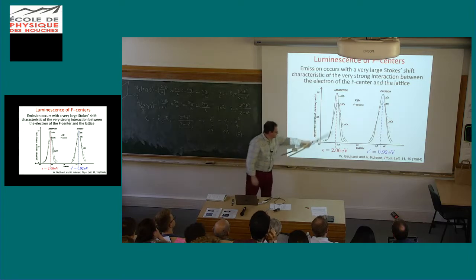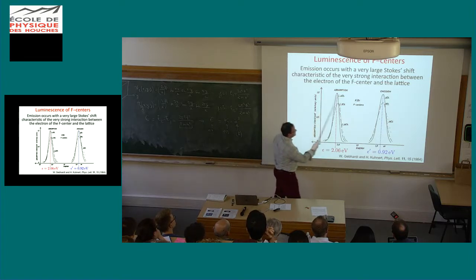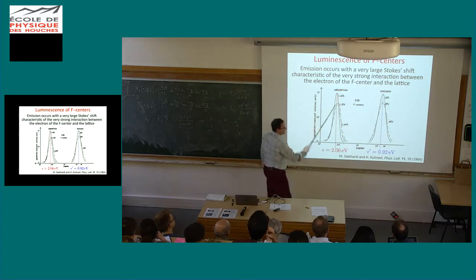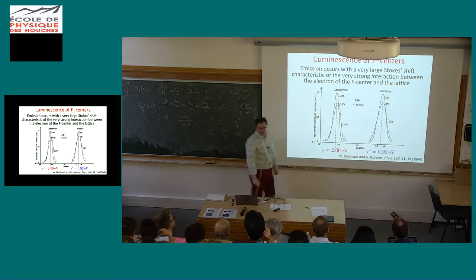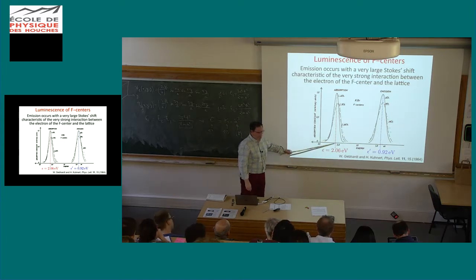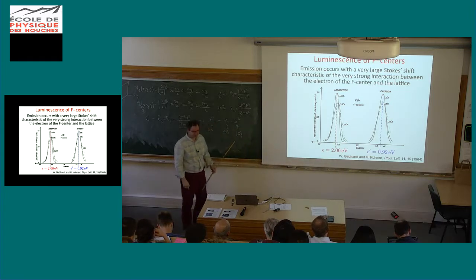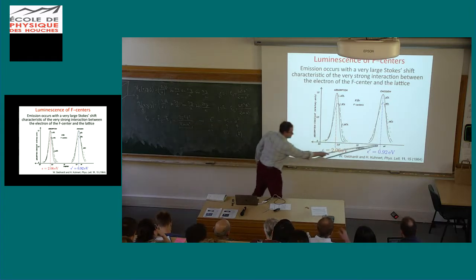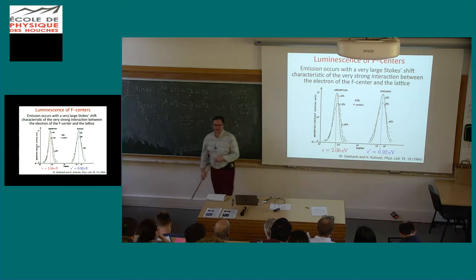This is an old measurement, but you see that you have the same emission line as the absorption line, but now with a very strong shift. For instance, you have absorption in the yellow, which produces the blue color of the crystal, and the emission will be in the infrared.